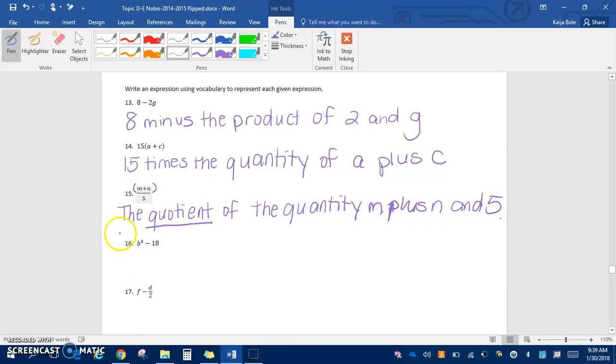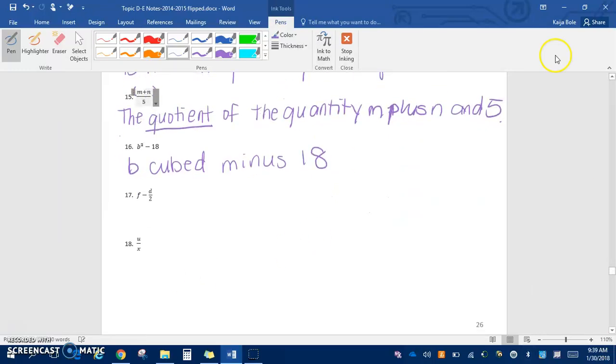Alright, 16, we have b cubed minus 18, so we can just say b cubed minus 18. For 17, we have f minus d over 2, so we could say f minus the quotient of d and 2.